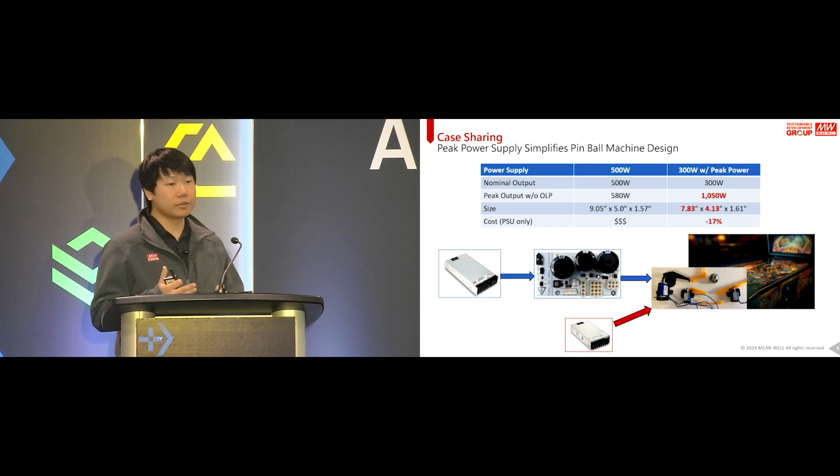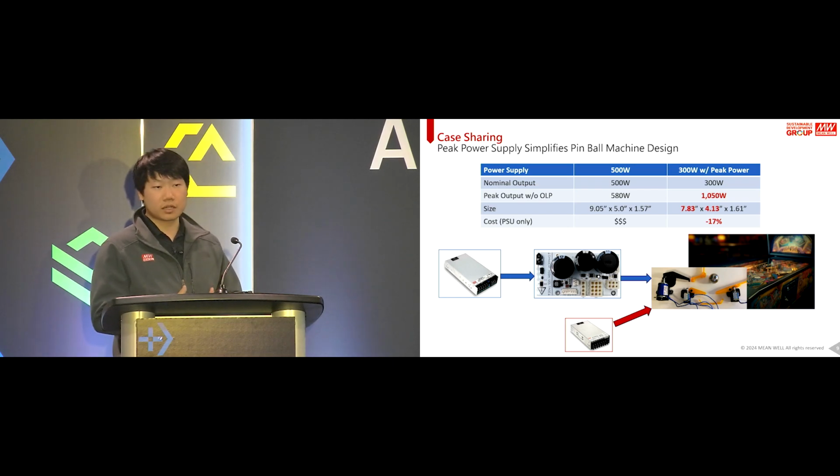That's the overload protection setting point, right? The customer had to add a bulk capacitor board to the output of the power supply in order to sustain the solenoid valve's peak current draw. At the instantaneous moment the solenoid valve kicks in the pinball machine, it needs that instantaneous power.